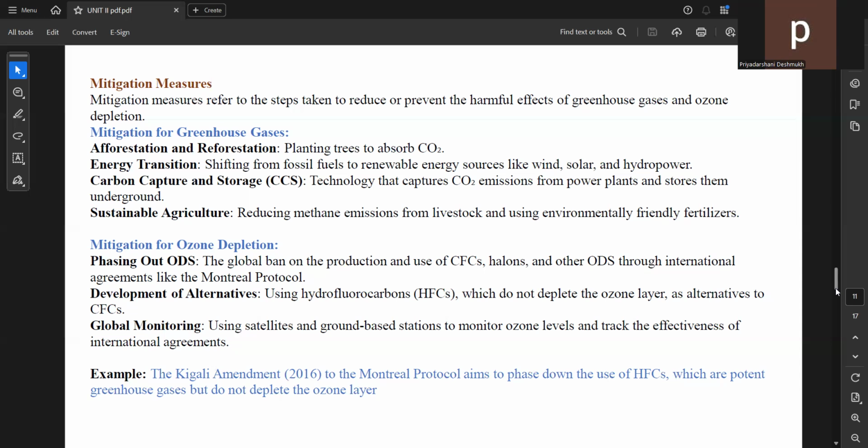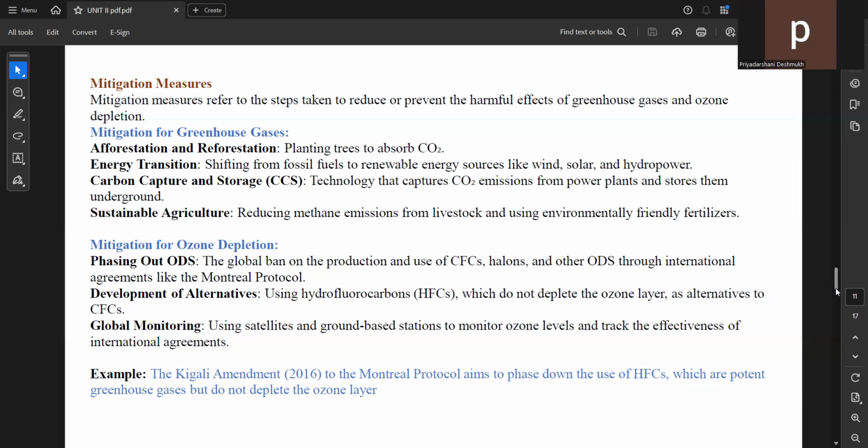So, they are mainly afforestation and reforestation, due to which the CO2 will be absorbed by the plants to prepare their food. That process is called photosynthesis.